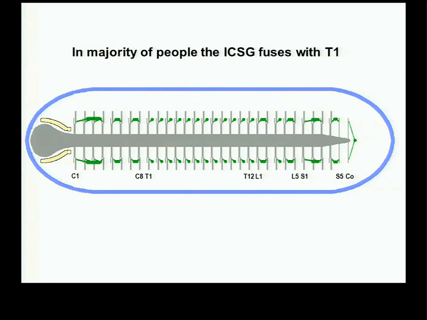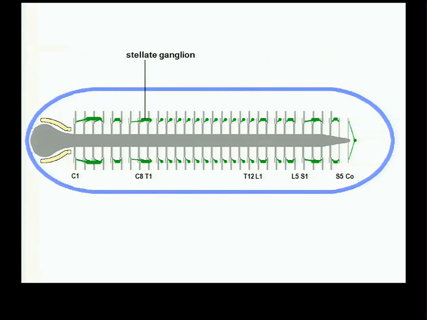In the majority of people, the IG, that stands for inferior cervical sympathetic ganglion, this one right here, fuses with T1 to form what you may have heard called the stellate ganglion, which is usually pretty easy to find. The stellate ganglion obviously has 3 gray rami communicantes. It was formed of 3 fused ganglia, and it handles T1, C8, and C7 body wall segments.